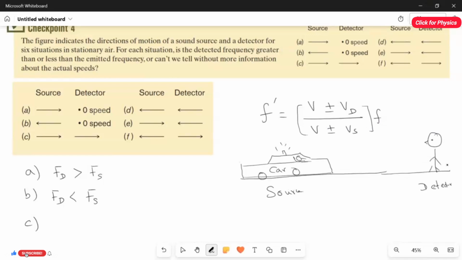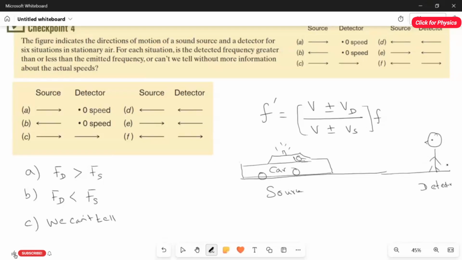We have no idea. So based on this diagram, we can't tell. Why? Because they mention only the direction, but they did not mention the speed. That's very, very important. We need more information to give the answer for this.